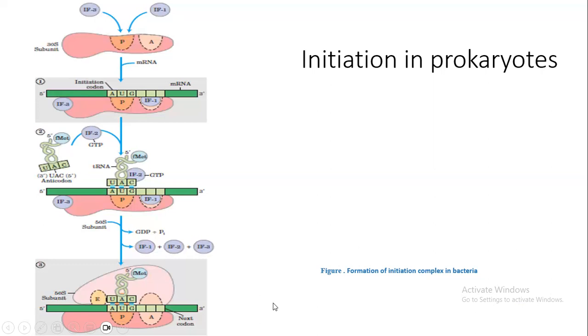This leads to formation of a functional 70S ribosome, which contains the 30S subunit, 50S subunit, the messenger RNA molecule present in proper location such that the AUG start codon is present at the ribosomal P site, and the initiating transfer RNA carrying formylated methionine present at the ribosomal P site by codon-anticodon interaction.